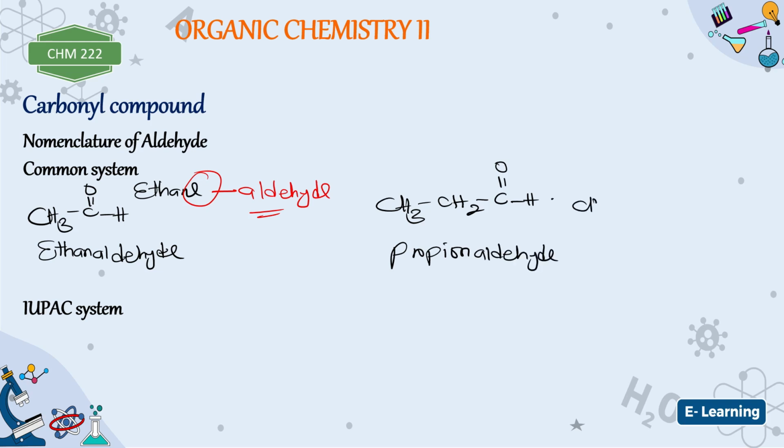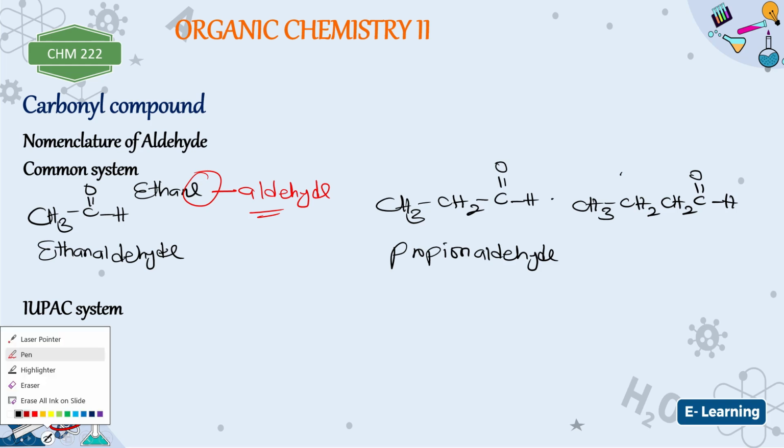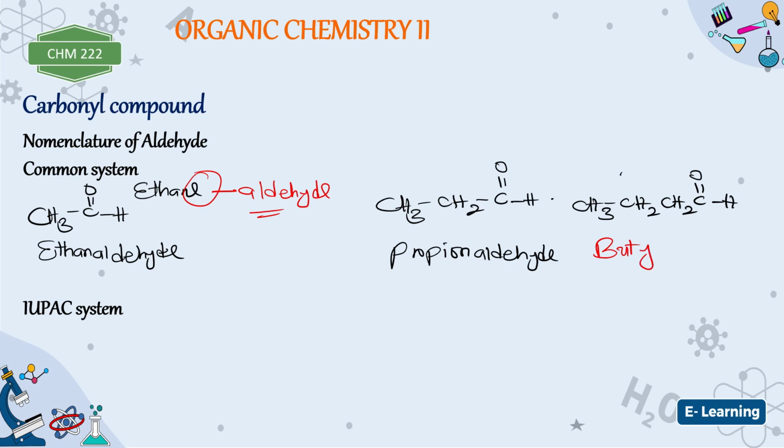And then that of butane, there's a way we can call that. You call it butyraldehyde. It's quite different from the other ones. They use their common nomenclature. Then for that of 5, valeraldehyde, and so on and so forth.